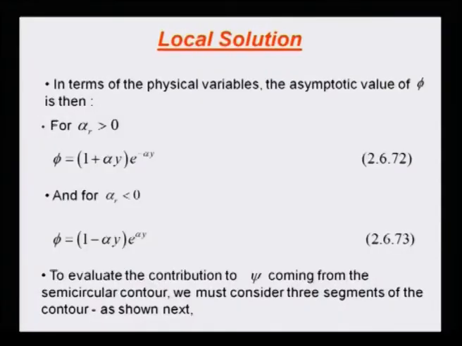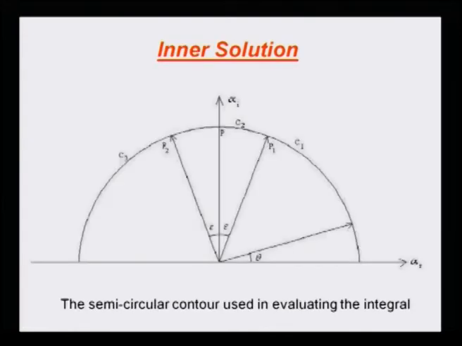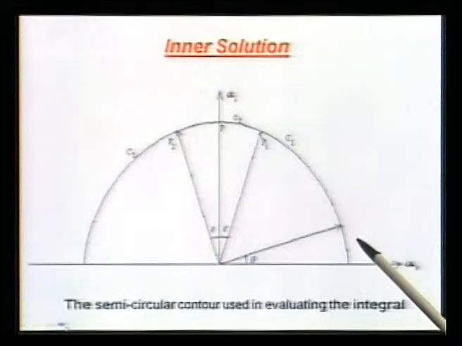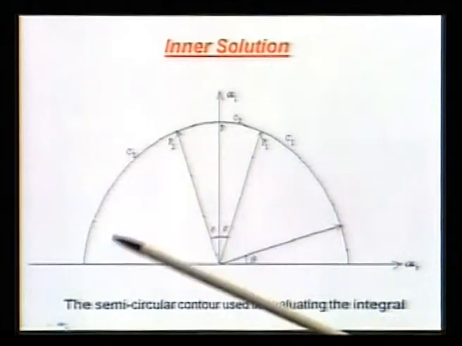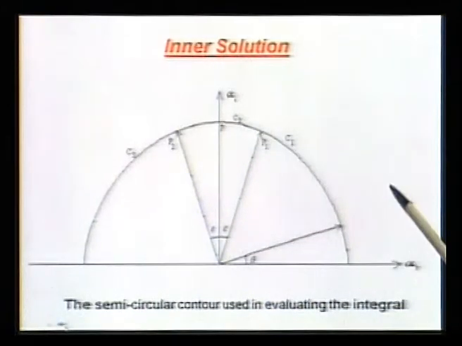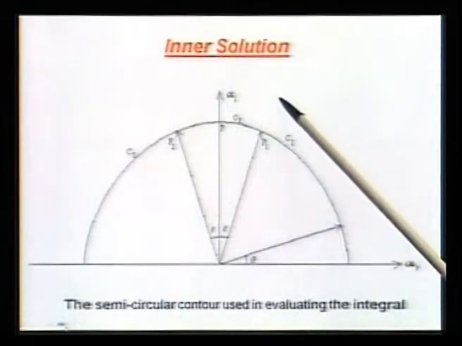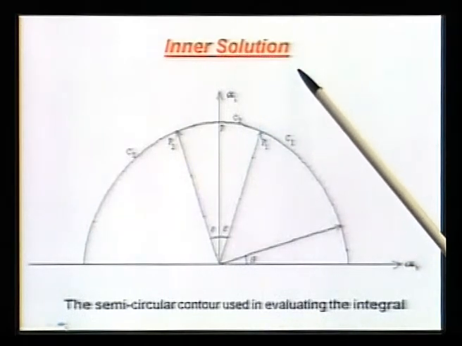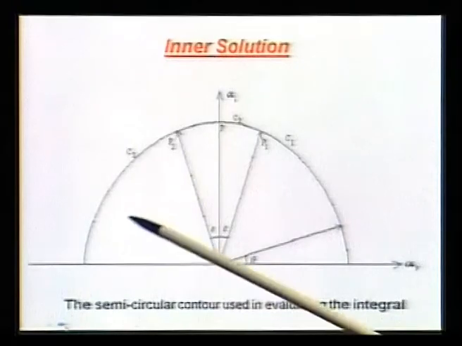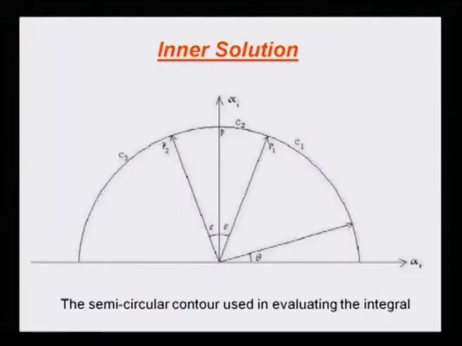In fact, what we could do is we could evaluate the contribution coming from the semicircular arc, and in doing so you have a task at hand, because your semicircular arc is continuous, but the function is not. We have seen what happens. On this part we have 1 plus alpha y e to the power minus alpha y. On this side 1 minus alpha y into e to the power plus alpha y.